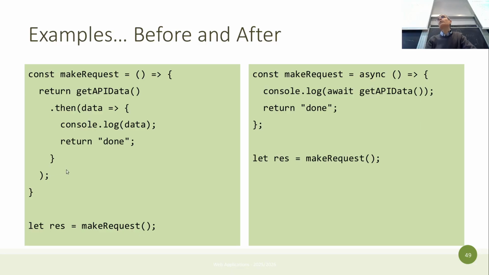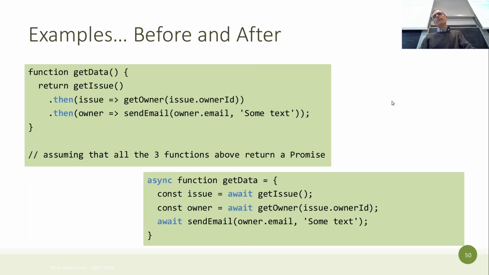Okay? So of course, if you want to handle errors, the code becomes more complicated, but this is true in general. Okay? But for very simple code, it might be worth trying this way of writing with async await, because it's much more simple to write and read.